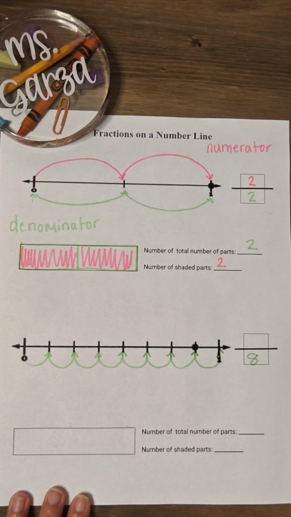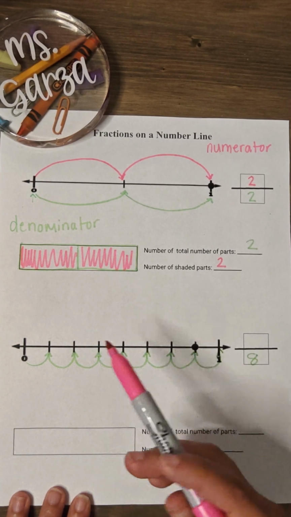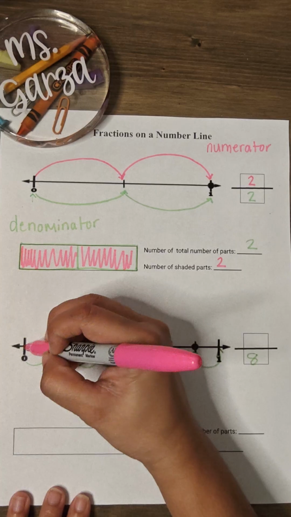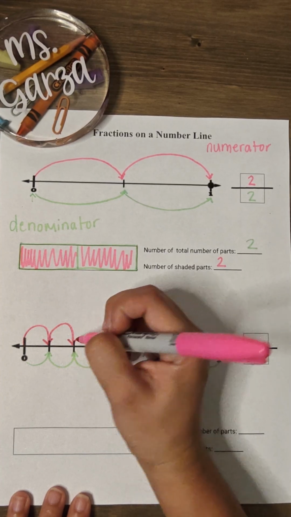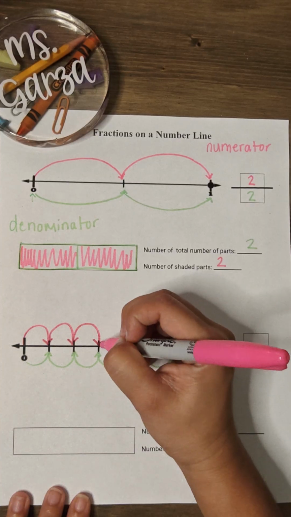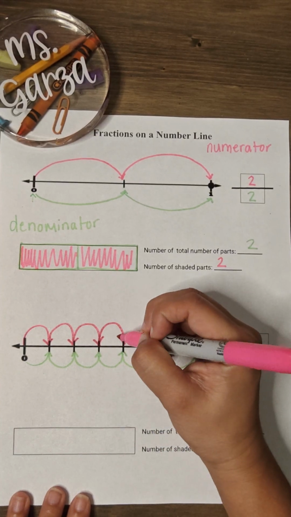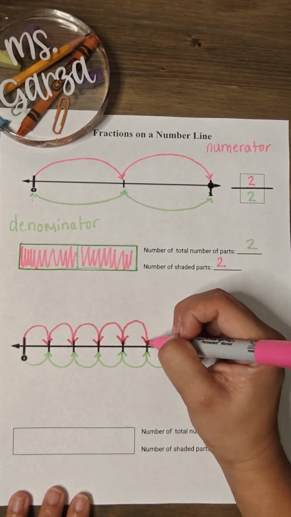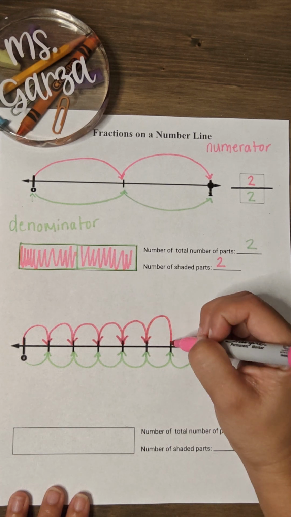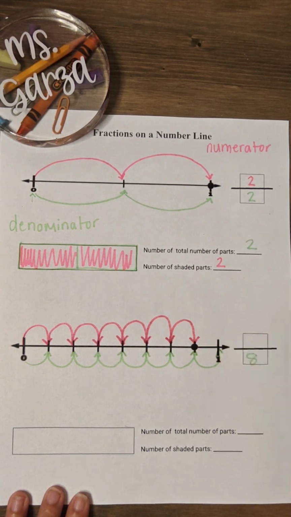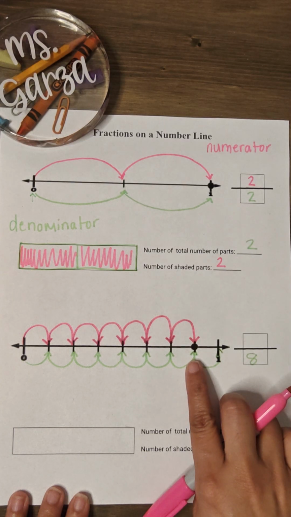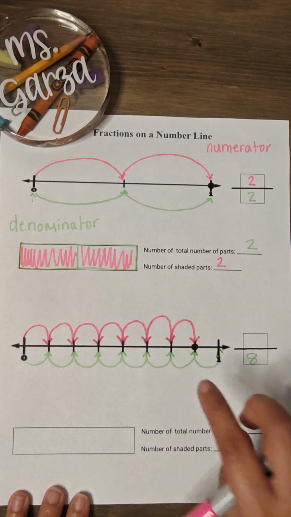Now we're going to use the pink marker to determine our numerator. 1, 2, 3, 4, 5, 6, 7. We're going to stop right there because notice that is where our little dot is.